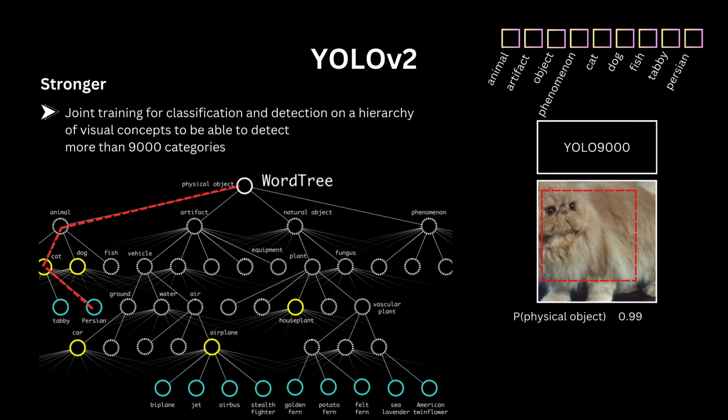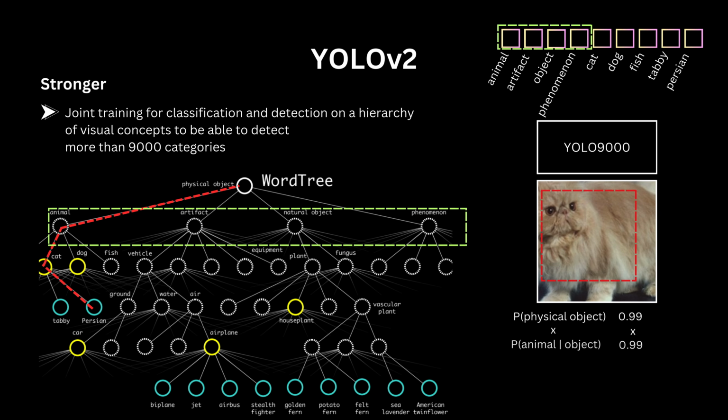And for this, the authors just use the objectness score predicted by the YOLOv2 model for that box. Now say the objectness prediction ends up being 0.99. Then we go down the path and multiply this with the conditional probability of animal class. This will be animal class index probability after softmax on this group of classes.